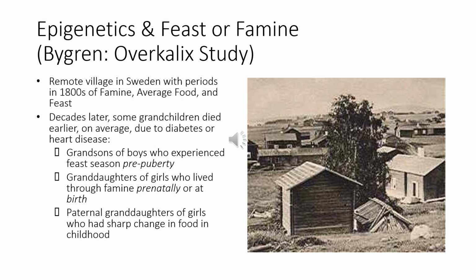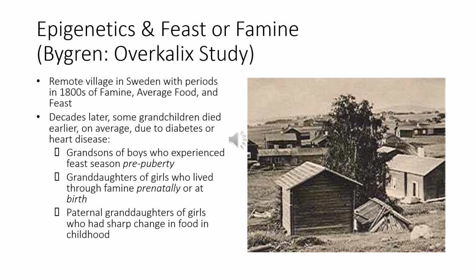And so the takeaway points here are not to know exactly whether it's boys or granddaughters or grandmothers or girls, but just to know that oftentimes when a grandparent experienced some sort of drastic change in terms of availability of food, it tended to have some effect on later generations.